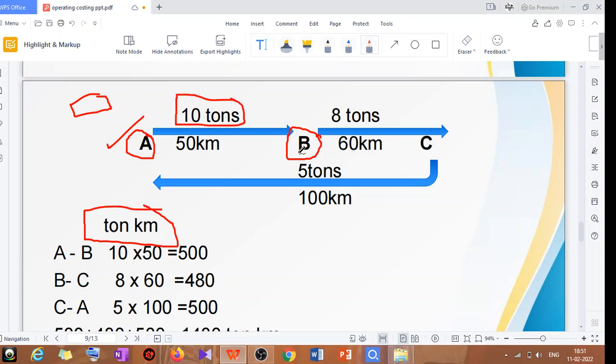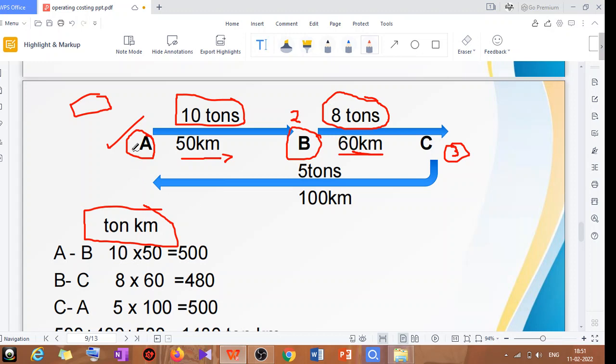The distance is assumed to be 50 kilometers. After that, from B to C, it carried 8 tons, since 2 tons were unloaded. The distance from B to C is 60 kilometers. After that, assume 3 tons are unloaded here, so 5 tons remain now.